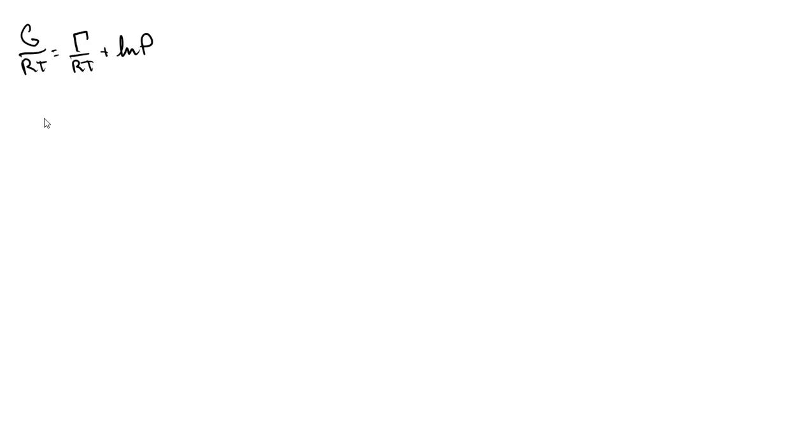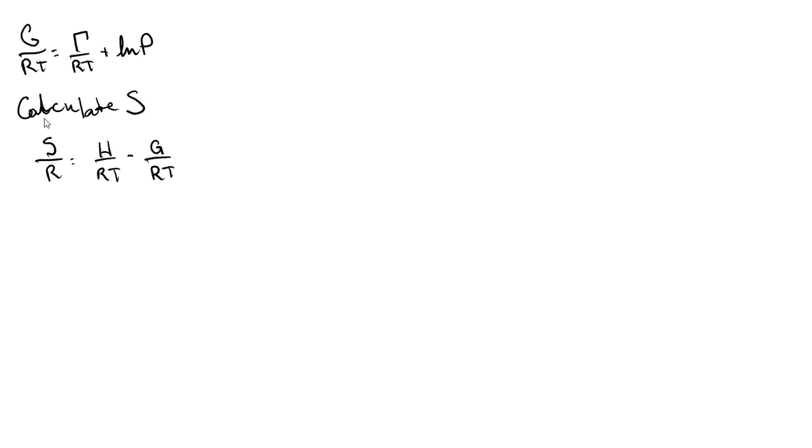All right, next part, we want to calculate entropy. So we go to page 220. I don't think your book has an equation number, but the entropy calculation is just S over R is equal to H over RT minus G over RT.